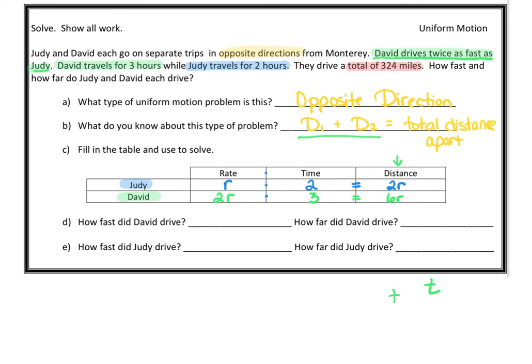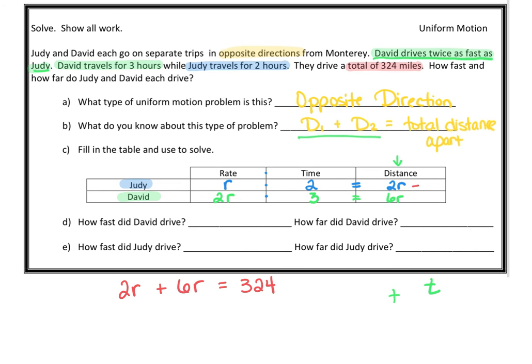So I am now going to take this equation here, and I'm going to say 2r, Judy's distance, plus 6r, David's distance, should equal the total distance apart, 324. 2r plus 6r should equal 324.